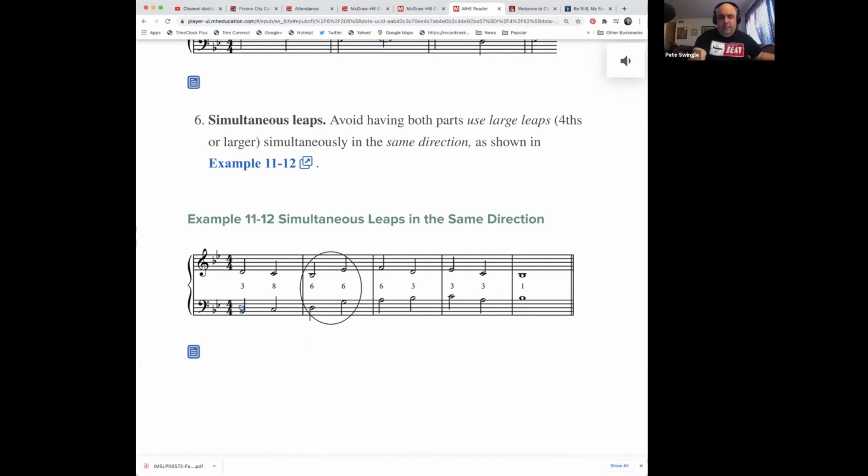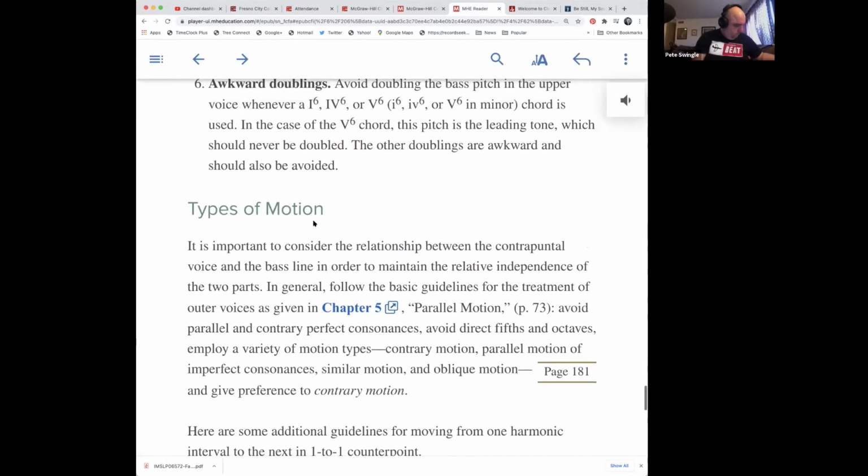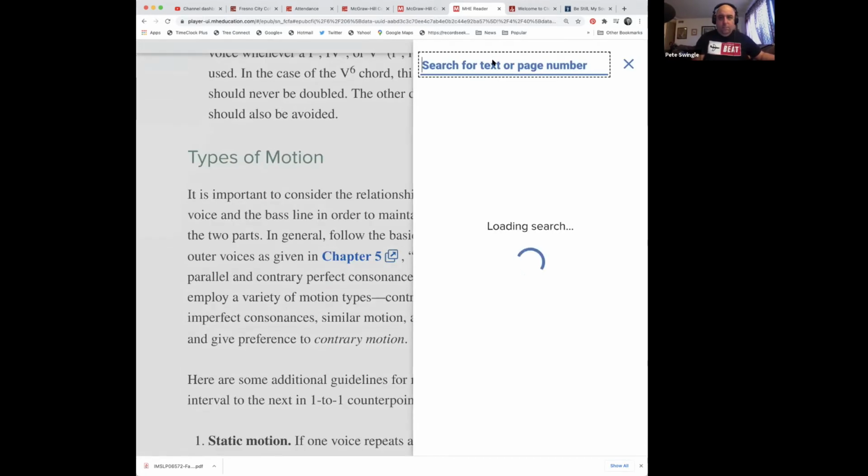Hey, Doc, didn't they say that you could use unison at the beginning or at the end? Perhaps I misread it. I thought you could not. Let's go back and look. Fine, I'll use your search.